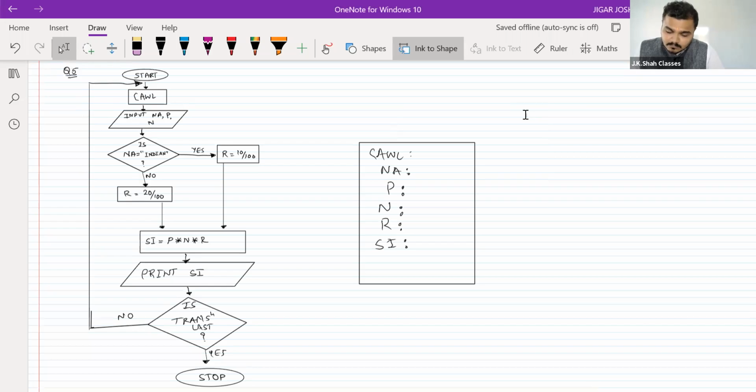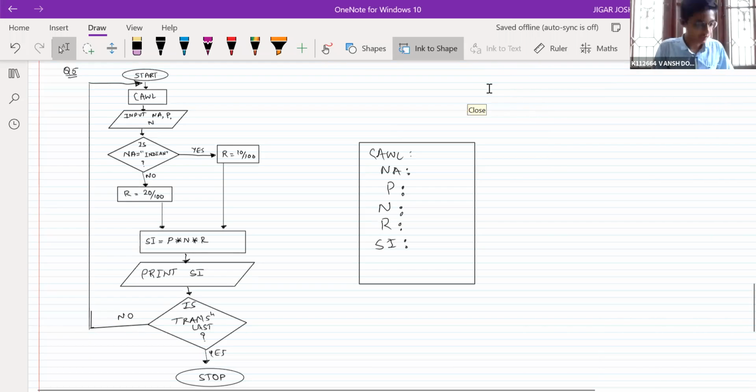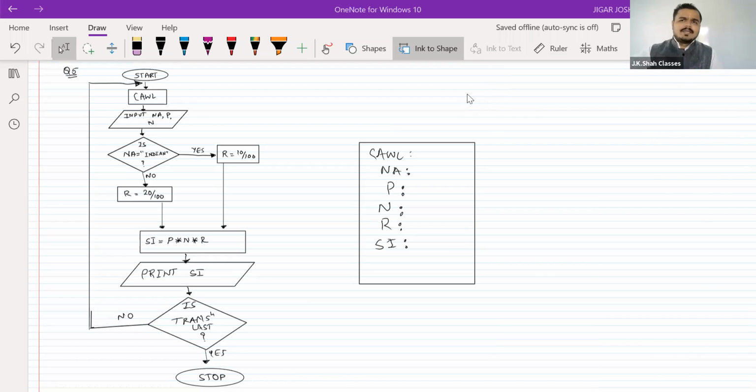What's your doubt? Sir, there's no space for the index on my page. You can go to the next page, and no connector is needed. You can draw this index box anywhere, on a side of the page if you find sufficient space. And the best way is to draw it after the flowchart is done.